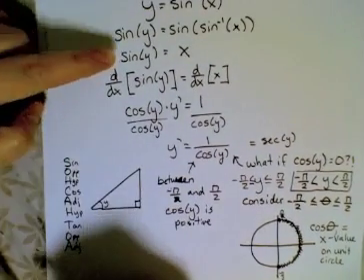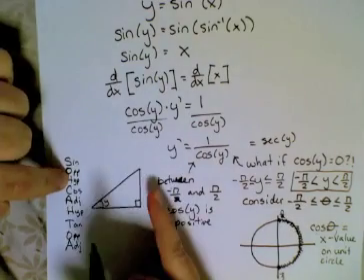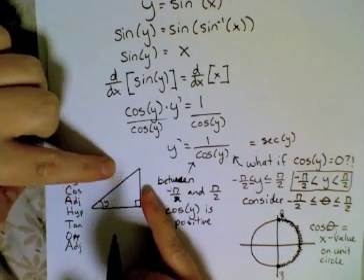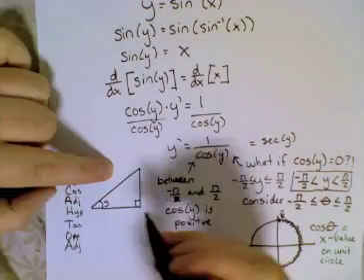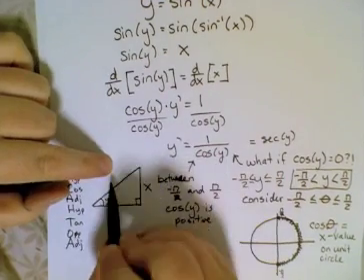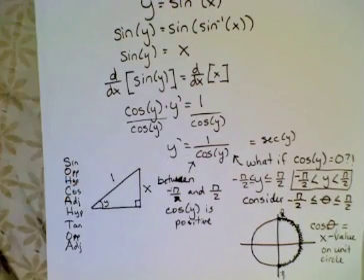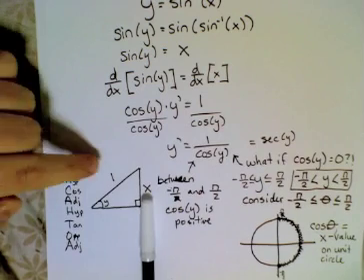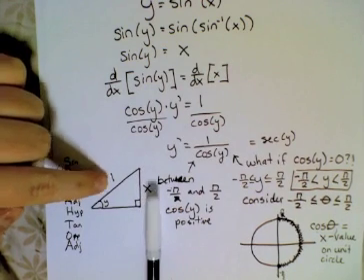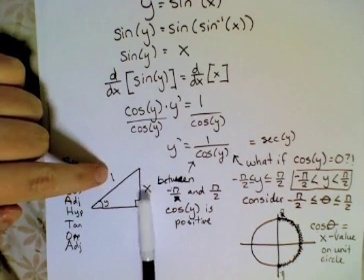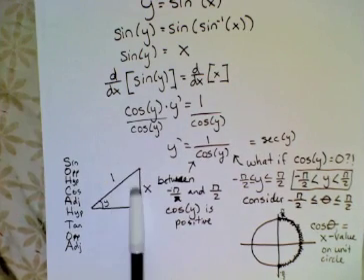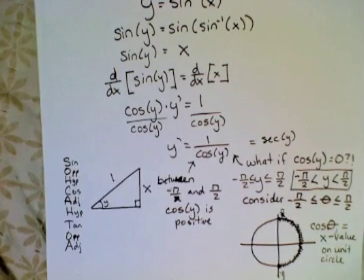So the sine is the opposite over the hypotenuse, and it has to equal x. So I'm going to call this x and this 1. It could be a different ratio. This could be 2x, and then this would be 2. But they would have to be proportional to each other, and this side would also have to be proportional to the two other sides. So I'm just going to call it x and 1.